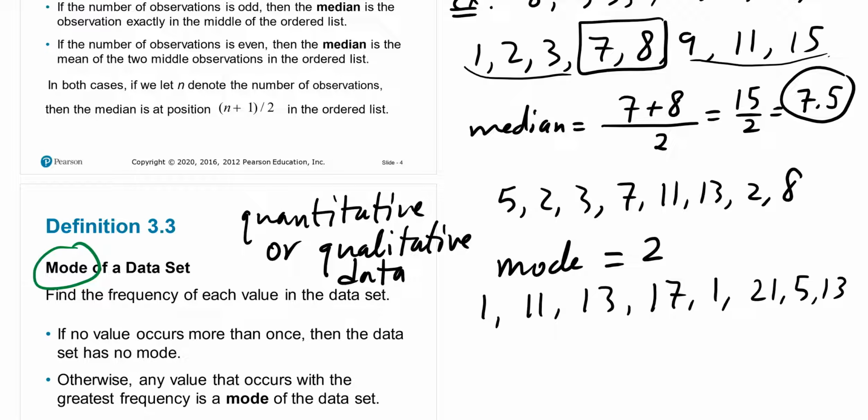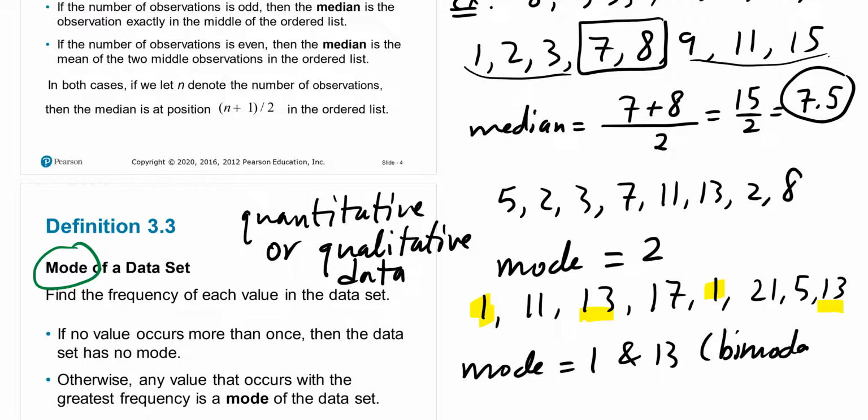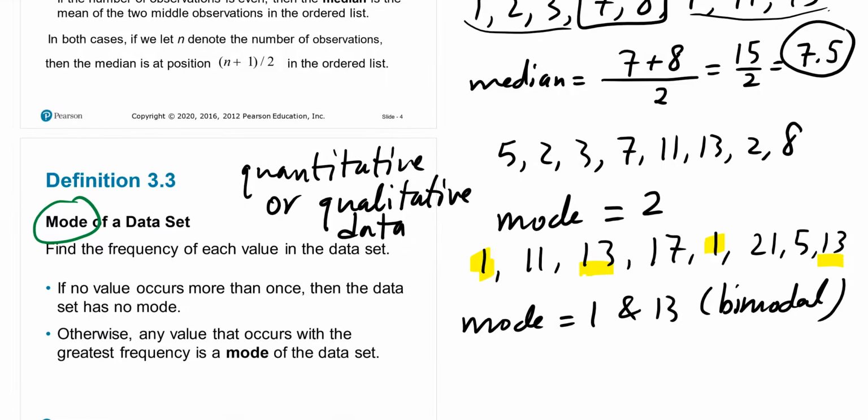Here I see 1 is repeated twice, and 13 as well. So that's called bimodal. The mode is going to be 1 and 13. So a data set can have more than one mode, and if nothing repeats, the data has no mode.